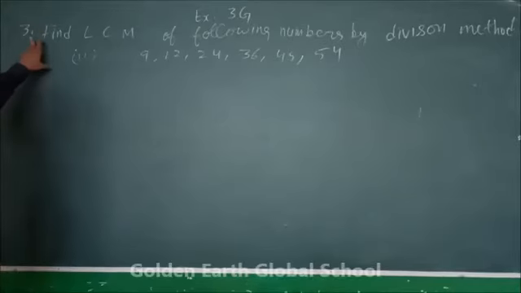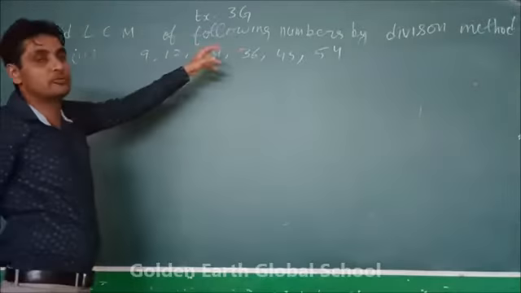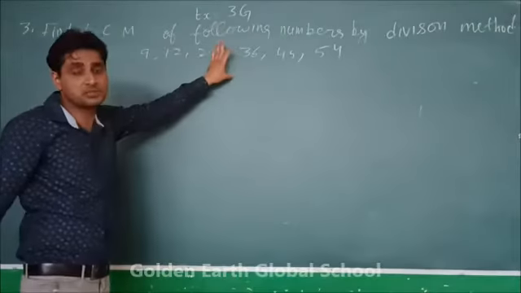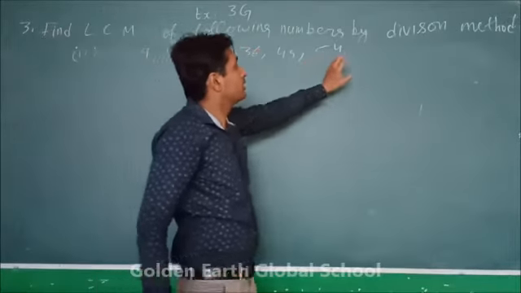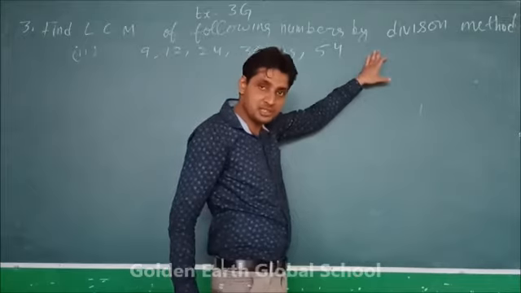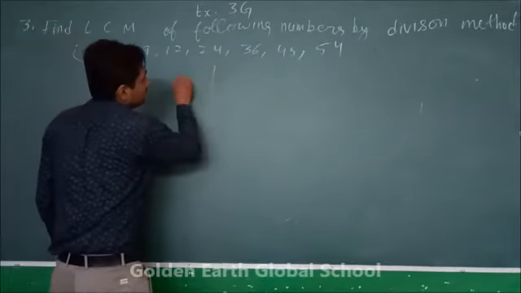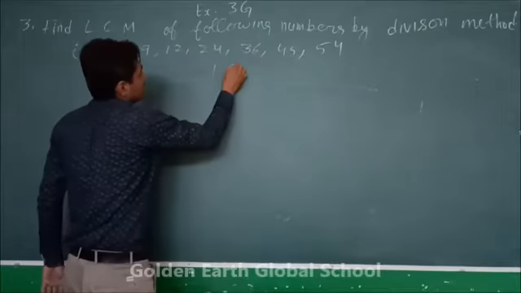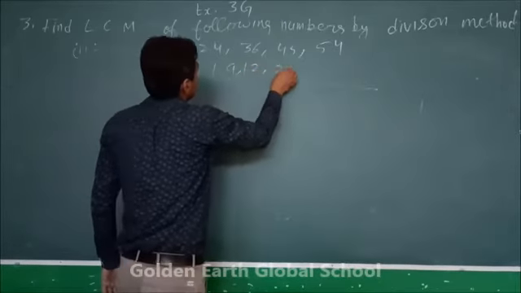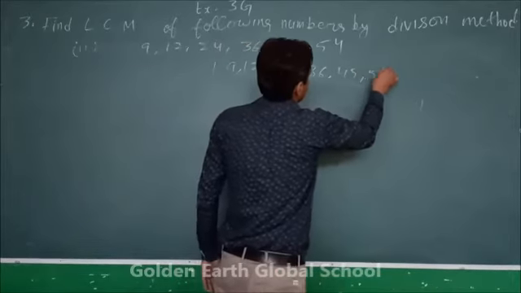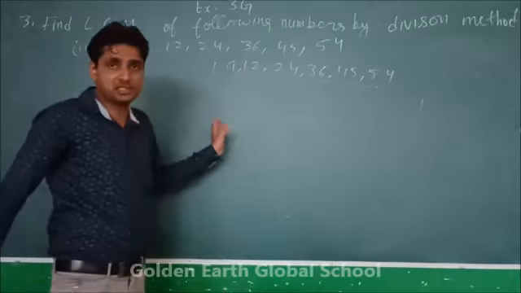Okay, look at third sum. Find the LCM of following number by division method. Okay, this method is very important and easy method also. Okay, so you have to write all numbers in prime factorization method.